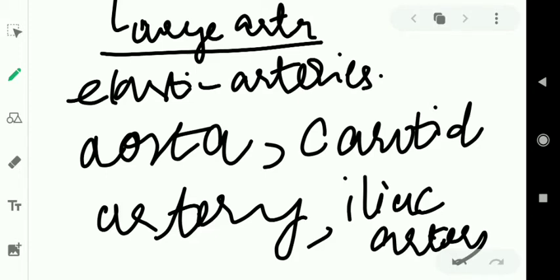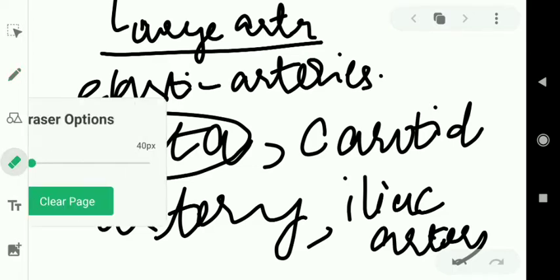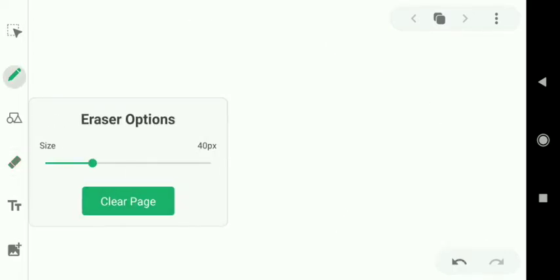The aorta includes the thoracic aorta, descending aorta, and your abdominal aorta. Next, I'll tell you about these large arteries.